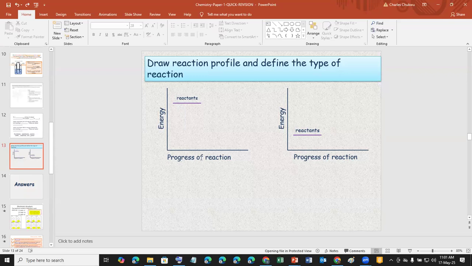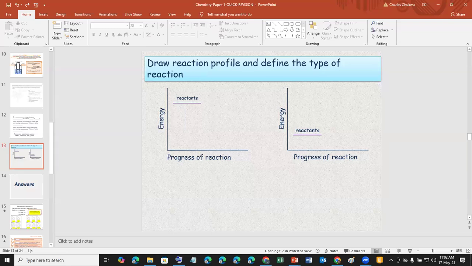So in other words, the heat of the reactants will be more than the heat of the product, because the heat has been given out to the surroundings, leaving the heat of the products lower than that of the reactants.